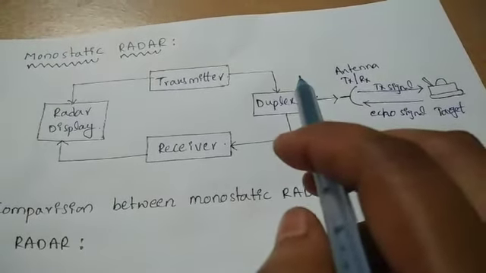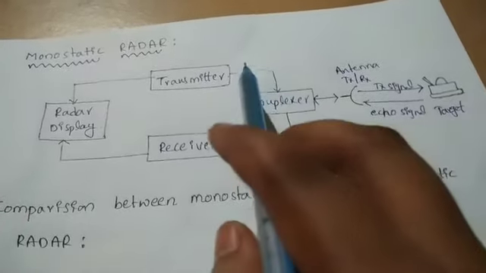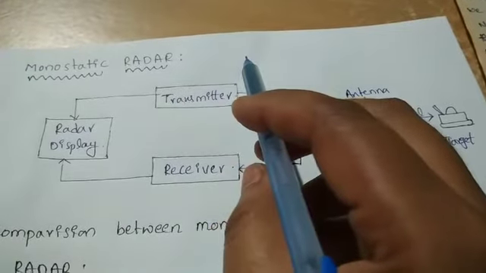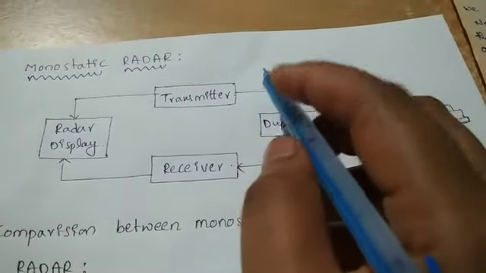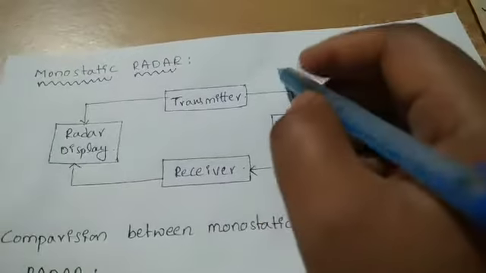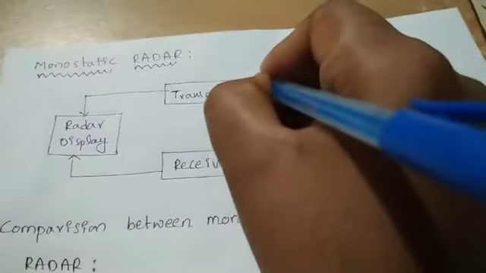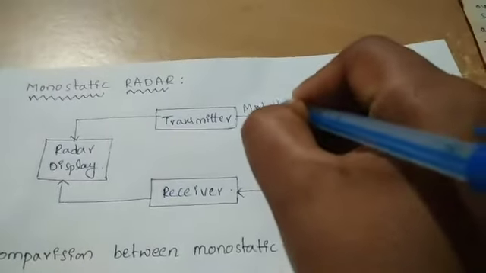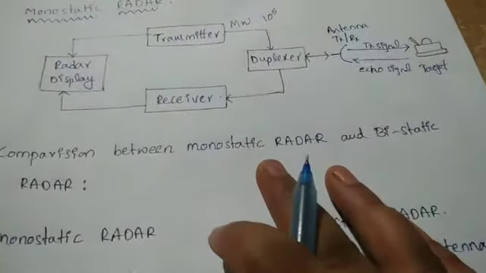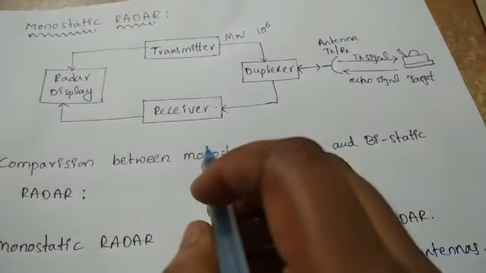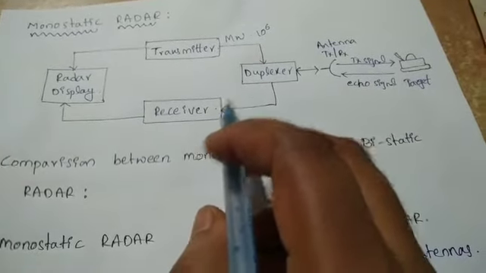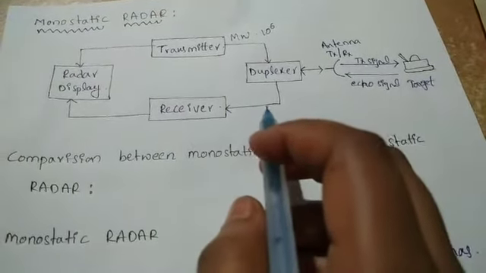The reason is that the transmitter circuit functions with power in terms of megawatts, which is 10 power 6, and the receiver circuit functions in microwatts, which is 10 power minus 6.